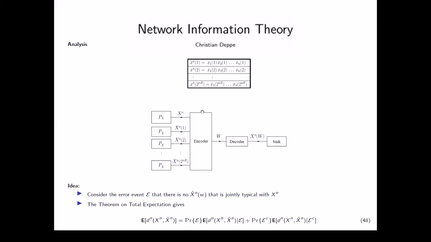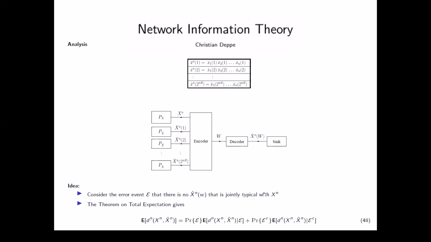Now to analyze this, the idea is that we consider the error event that x hat n of w is not jointly typical with x to the n. Of course, if it's typical, then we know that these two sequences are very near together because of this definition.